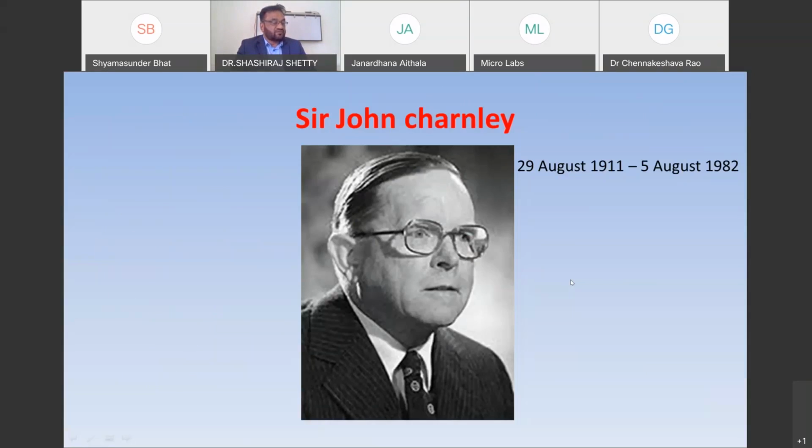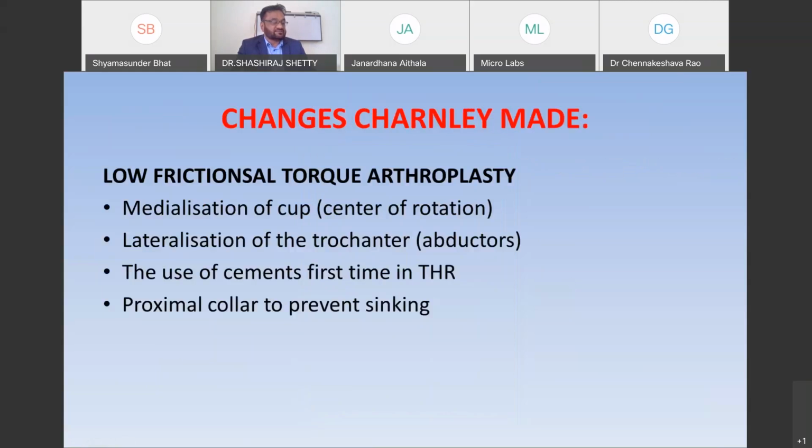Low friction arthroplasty involves medialization of the cup, in the sense of the center of rotation, lateralization of the trochanter and abductors, use of cement for the first time in THR, and a proximal collar to prevent sinking.